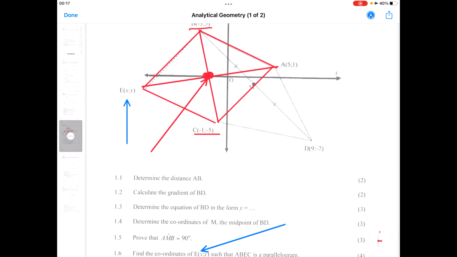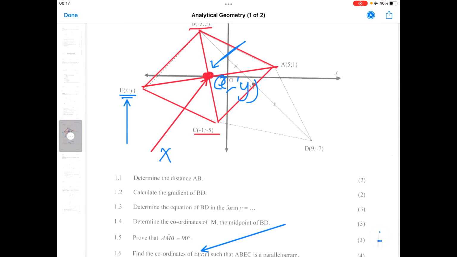So now let's see. Once you've calculated that common point being the midpoint using the midpoint formula, you are still going to use the midpoint formula again. Maybe let me do this so that it makes sense. You have calculated that point having x and y. You are still going to use the midpoint formula to determine that point.